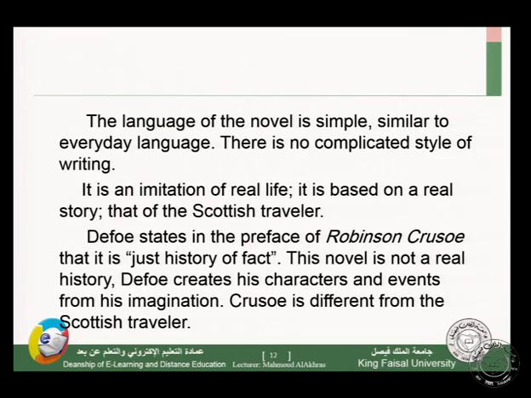If you want to read a poem from the previous period, you have to check your dictionary maybe more than 100 times. If you have 100 lines, you have to check every line, and you will find difficulty in reading some poems. So in this novel you can sense simplicity of the language.